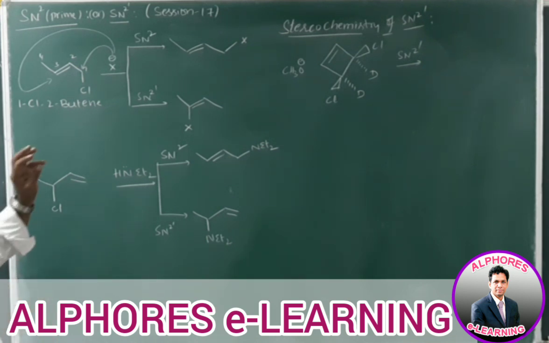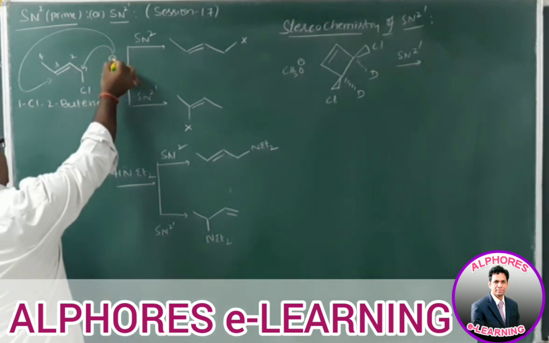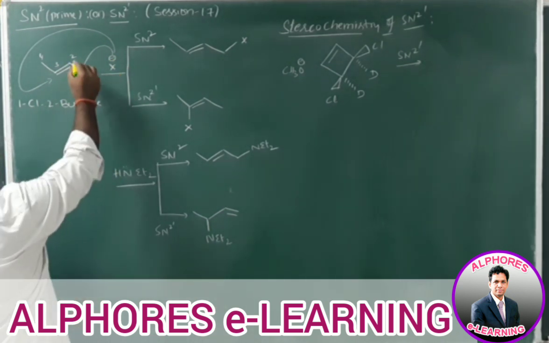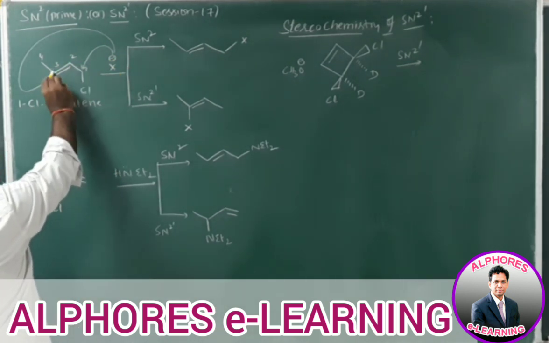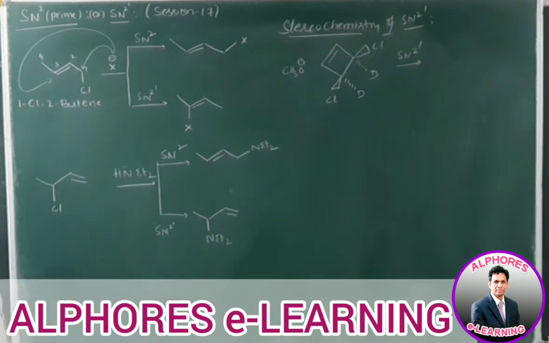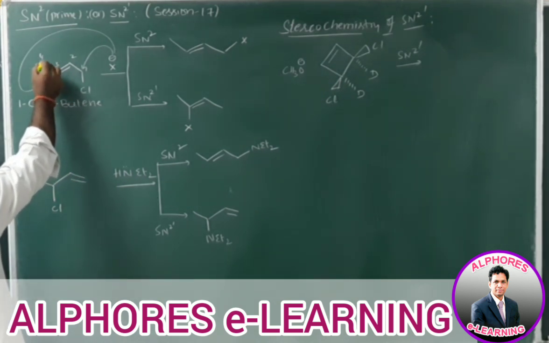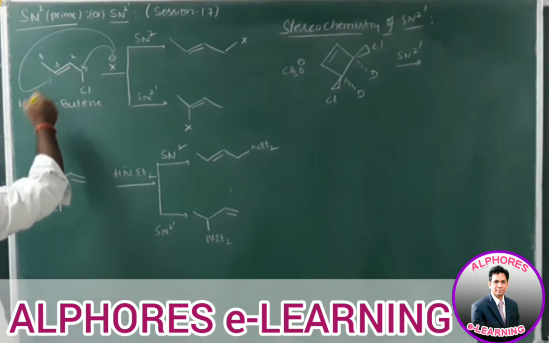But here it is very clear, the approaching nucleophile is negatively charged, and compared to the first carbon, attacking the third carbon is quite difficult. It is very clear because this third carbon is attached to two alkyl groups and also pi electrons.